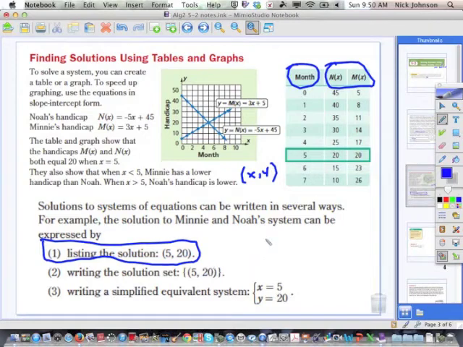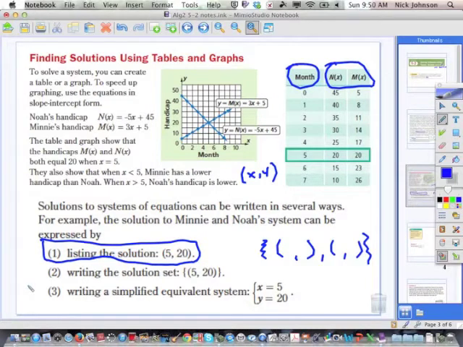Now, if there were 2 coordinate points where they intersected, you could say coordinate point 1, coordinate point 2 in your solution set. Or 3, you can write a simplified equivalent system. Make your bracket, x equals 5, y equals 20. Now, this is going to be difficult if you have multiple answers. And if that's the case, I'd go back to my number 2.